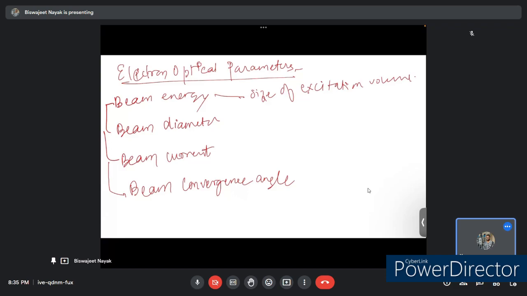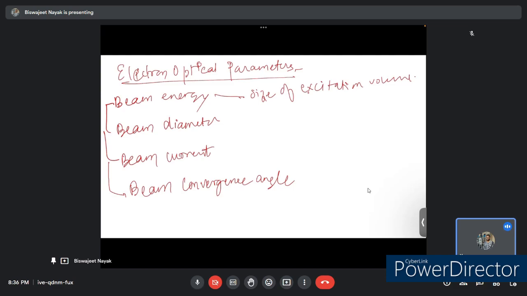SEMs are capable of generating an electron beam up to 30 keV. So why this kiloelectron volt? We know the electron volt as a unit of energy, but we are also using it as a measure of voltage. The electron volt is related to the method used by the SEM to impart energy to the electrons that emerge from the electron source.